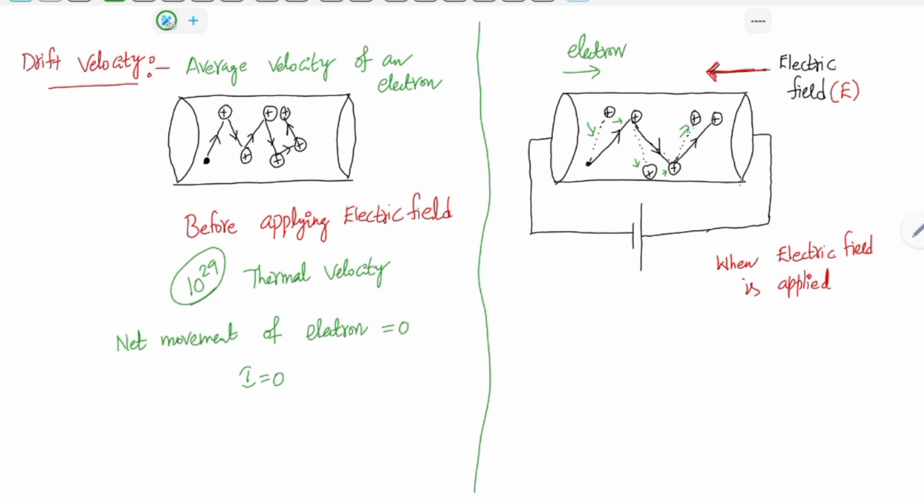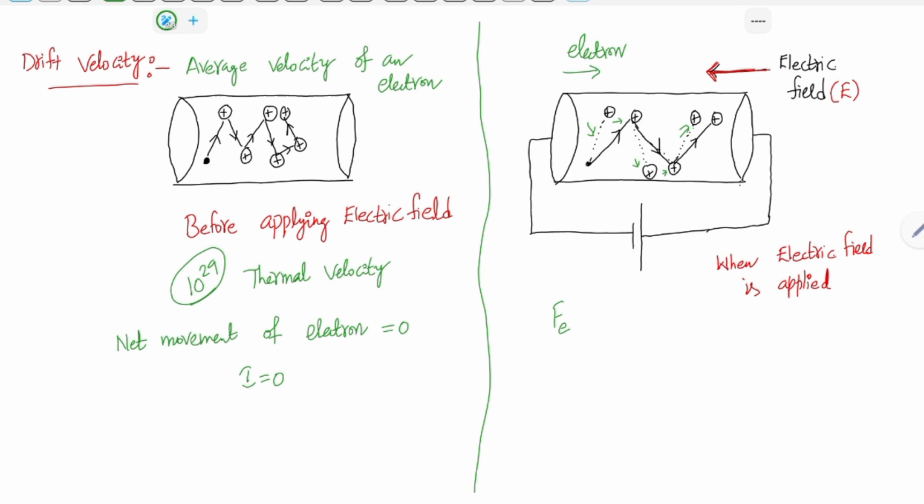After having knowledge of what is meant by drift, now we need to derive the expression for drift velocity. Okay, first I am applying some electric field, therefore on a single electron, we will see the situation with a single electron. The electric field applied will apply some force on an electron.